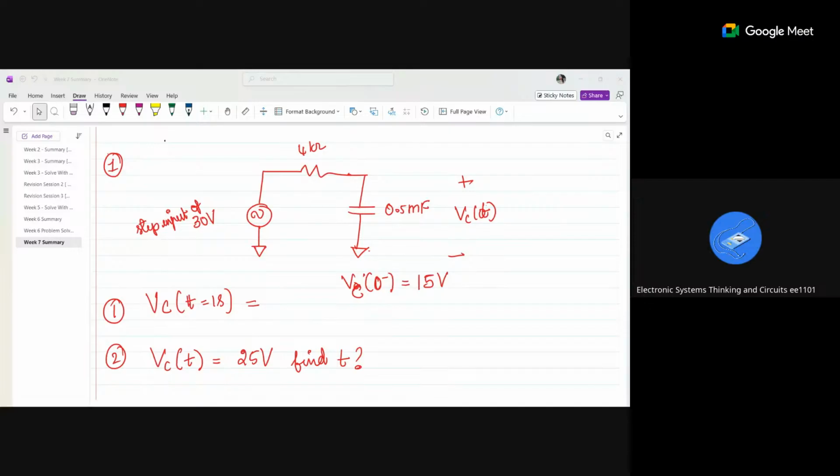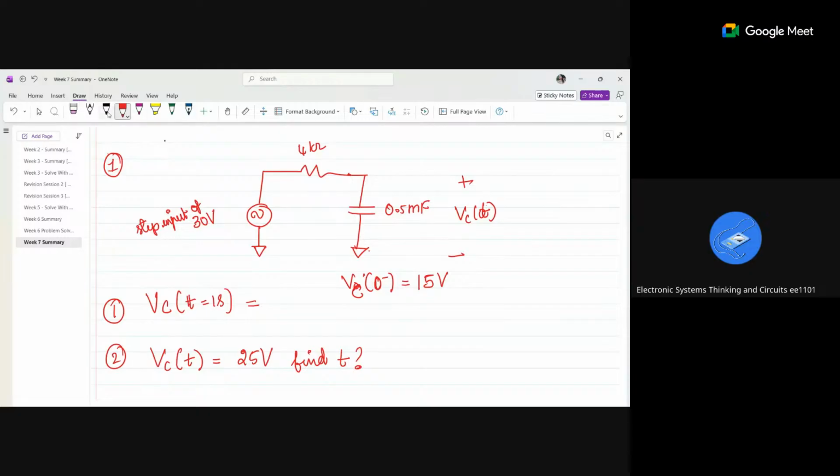Is it 19 or 90? 90. No, you have to check it again. Ma'am, 20.9 volt. Yes, it's 20.9 volt. 20.9 is right.